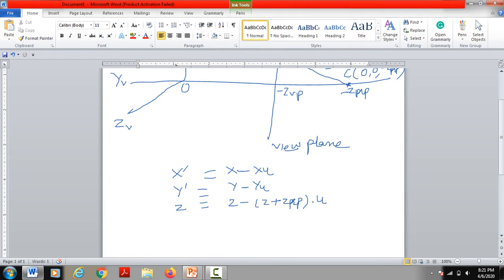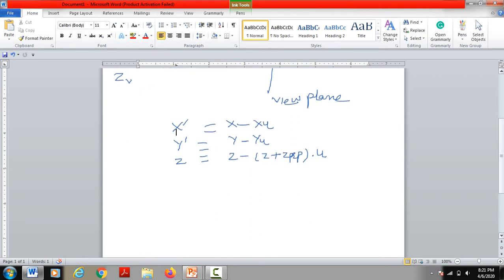These three equations are the parametric equations for any perspective projection line. Here the value of u varies from 0 to 1, so we can write 0 is less than or equal to u is less than or equal to 1. So what I mean to say here is, suppose u is 0.